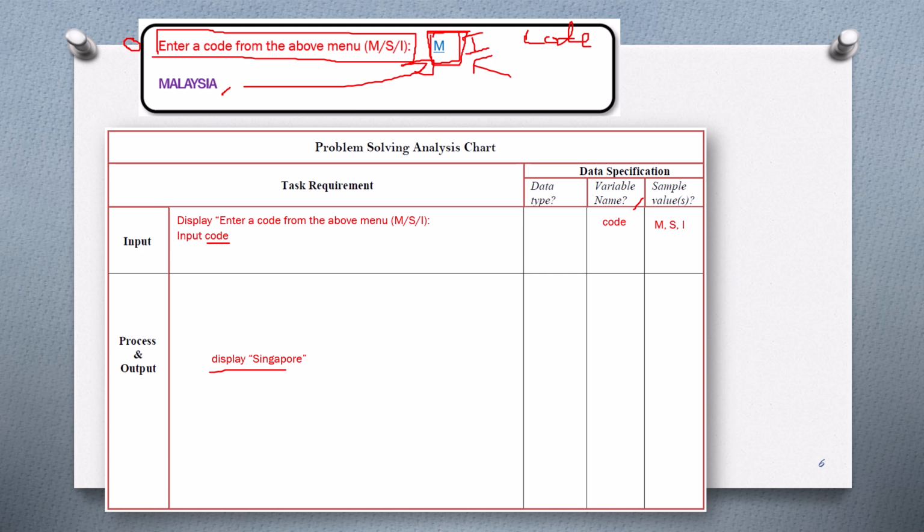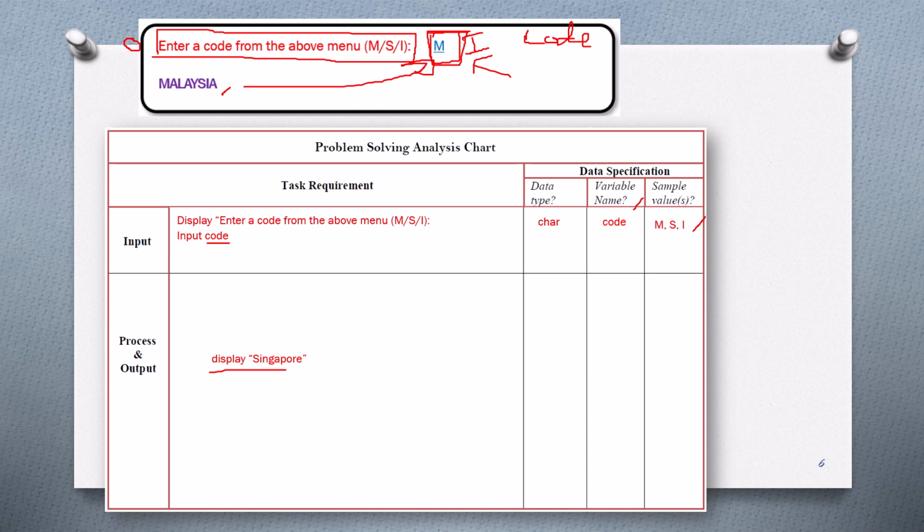By looking at the sample value here, let's say M, what is the appropriate data type? Of course, it will be char. Why is it char? Because we want to store only one character. M, S, I, one character can be stored into this location. So the data type will be char.